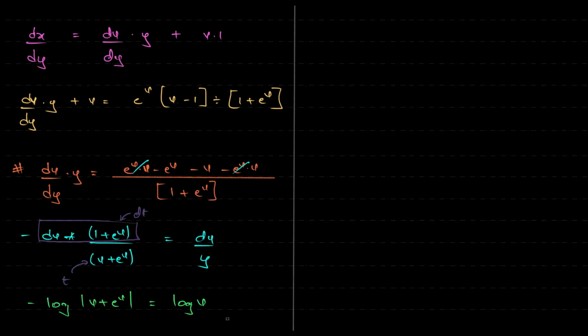I need to substitute, integrate. I need to write a statement, is it not? Integrate both sides. We're almost there. So minus of dv into 1 plus e to the power of v by v plus e to the power of v.